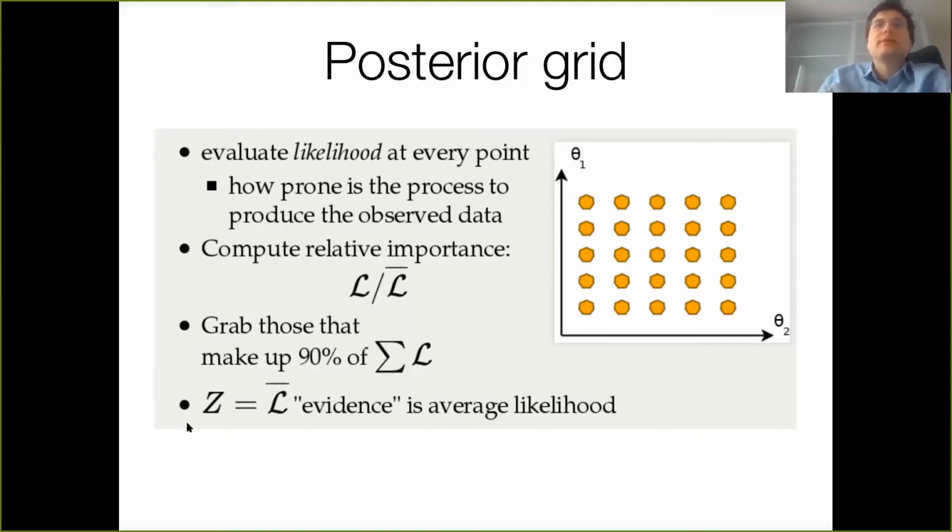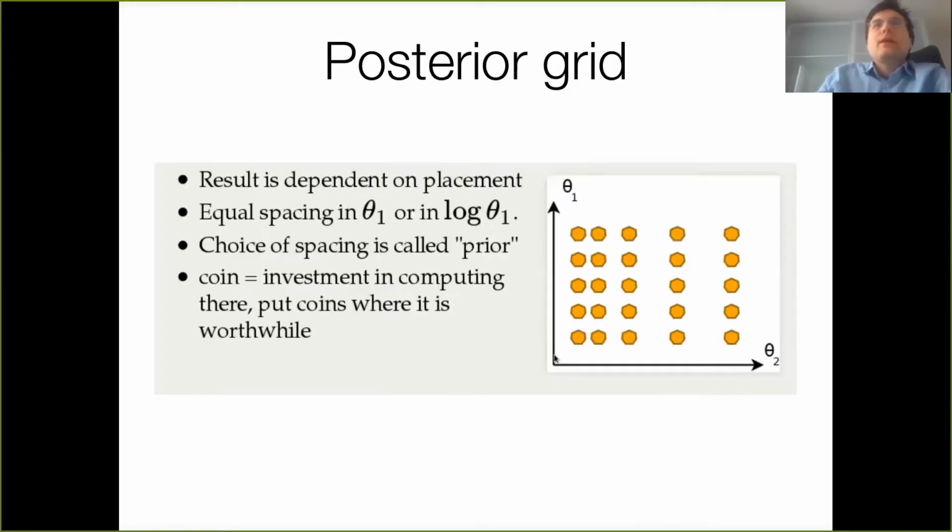And by the way, the evidence then is just the sum of all these likelihoods. Now you immediately recognize that it matters how you define your grid, if you define it in your parameter value or in the log of that parameter value, right? Because your spacing will be different. And the likelihood alone doesn't tell you how to space this. And this choice of spacing, how you define what is equal volume, that's essentially the prior.